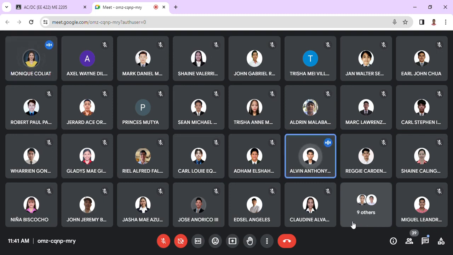Ma'am, meron pa po. Yes. Yun daw pong sa lab experiment, if handwritten daw po siya or naka-PDF or docs document po. Okay. So, ano siya? Hard copy, ipapasa niyo sa akin. Dahil online tayo nun, di ba?